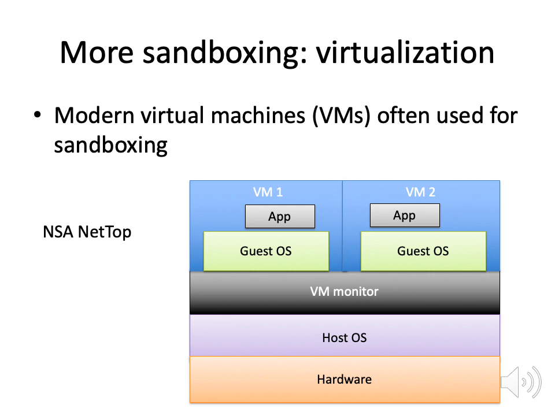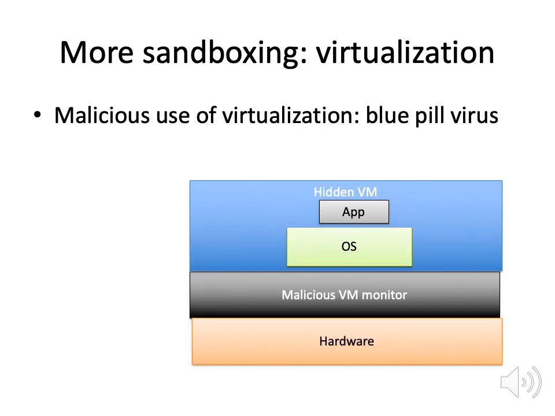It turns out that virtualization is good and it's used, but there are also ways to use virtualization to attack. There is a system called the Blue Pill, named after the Matrix, as you can guess. And the idea is, what would happen if I surreptitiously snuck a virtual machine onto your computer and then booted your guest operating system in that virtual machine? If the virtual machine does a good job virtualizing hardware, you may never know there's a virtual machine running on that computer, because it can give you access to the GPU to draw things, access to devices, but under the covers at the very bottom, there is this code that I provided.